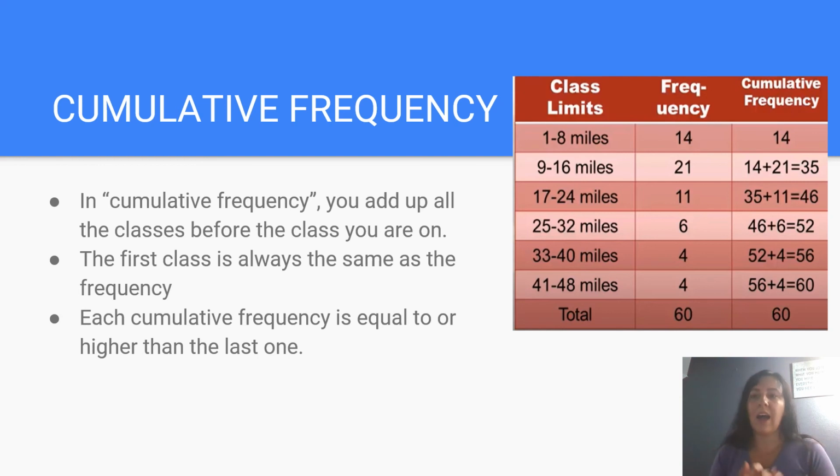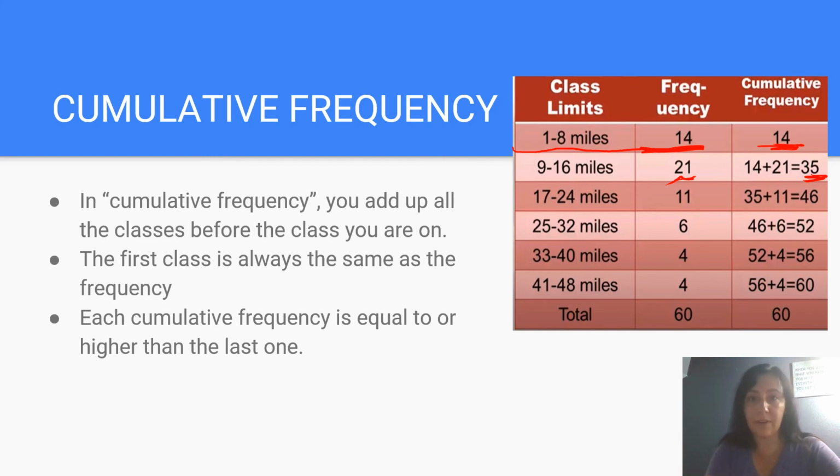So how this works is you start with the first class, whatever the frequency is for that one. In this case it's 14, so 14 is your starting cumulative frequency. Then you add that to the next class. You take your 14, add it to the 21, and you get 35. Then you add that to the next class in the bottom.